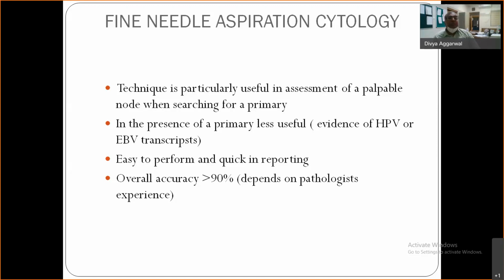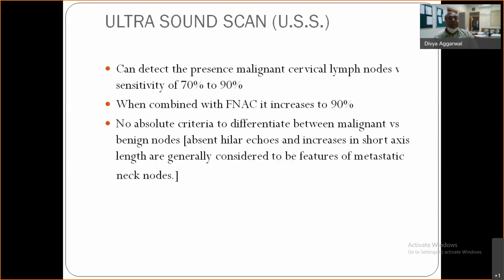It is easy to perform and quick in reporting, and the overall accuracy rate of an FNAC is 90%, and that is not bad. Now next comes ultrasound. Of course, I would say not many people would be doing an ultrasound for a nodal metastasis.